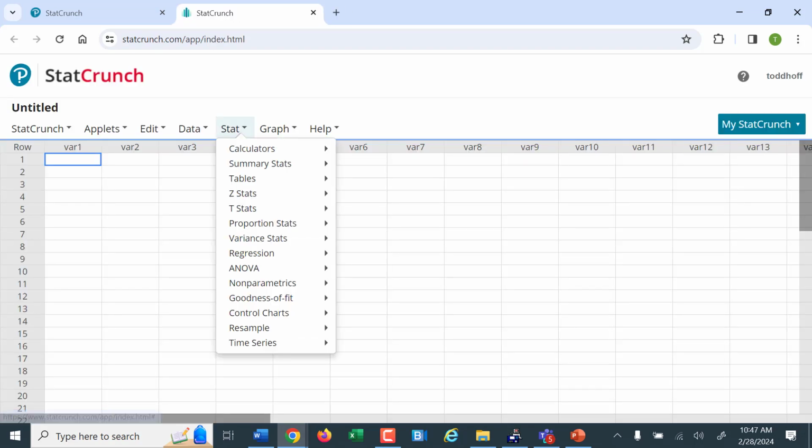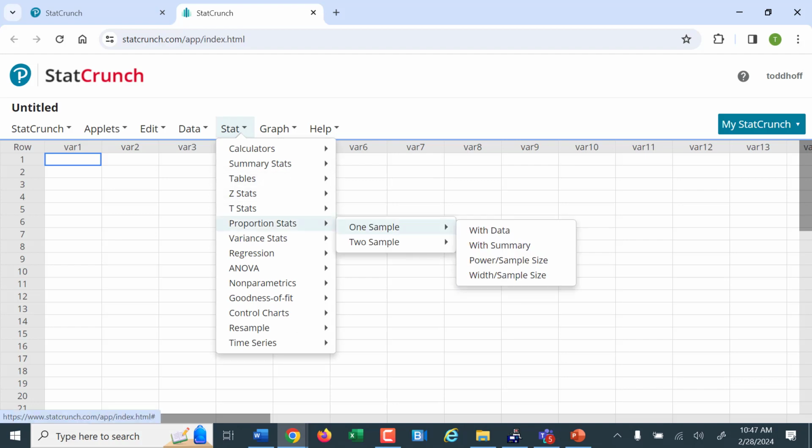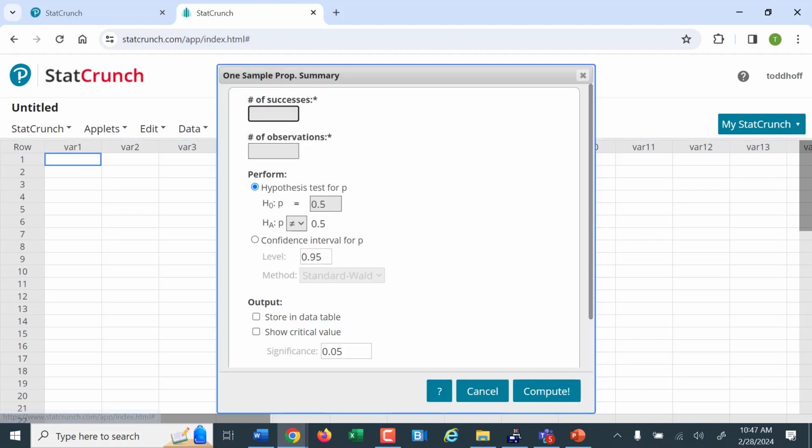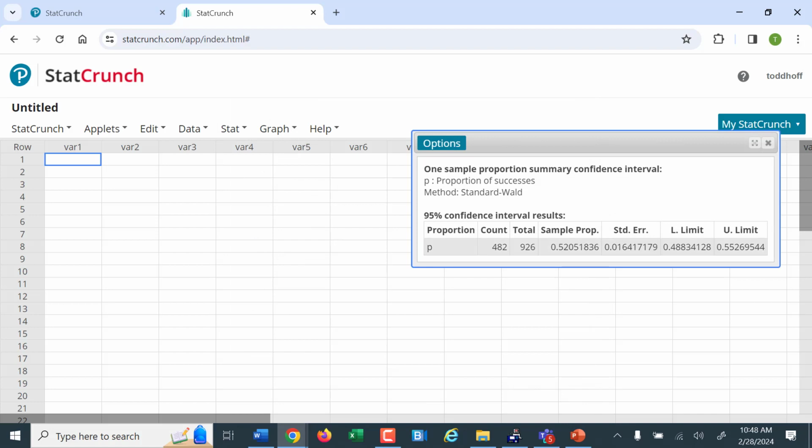We go to Stat, Proportion Stats, One Sample, With Summary. 482 that used it out of 926. Now, this is a hypothesis test. I'll come back and show you that in a second. But let's do the confidence interval. A 95% confidence interval, standard Wald, and we compute. And we get 0.4883 to 0.5527 if we round to 4 digits there.